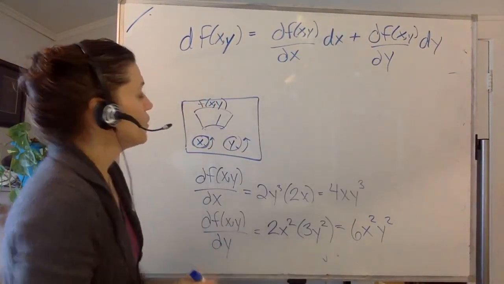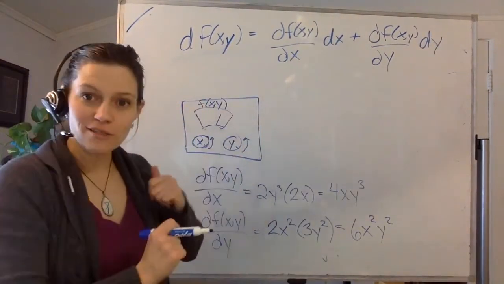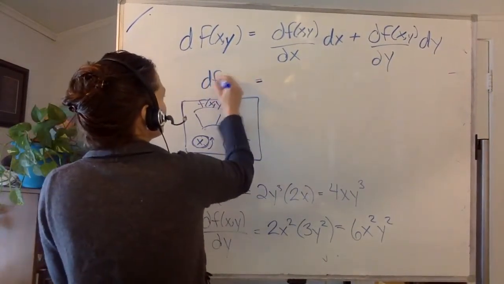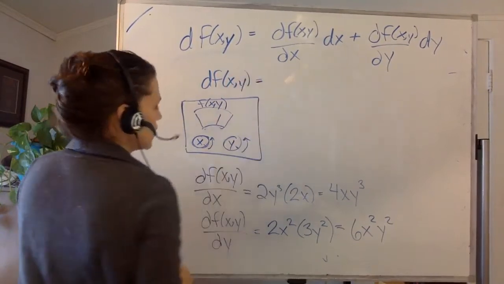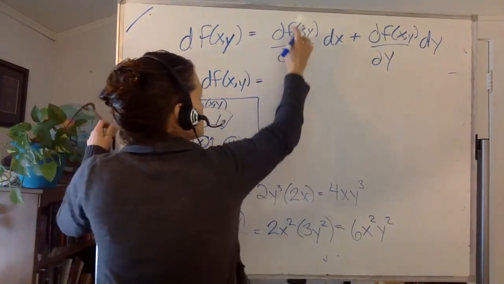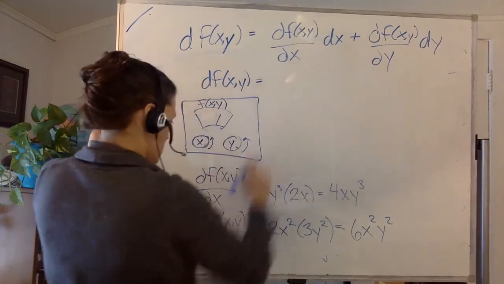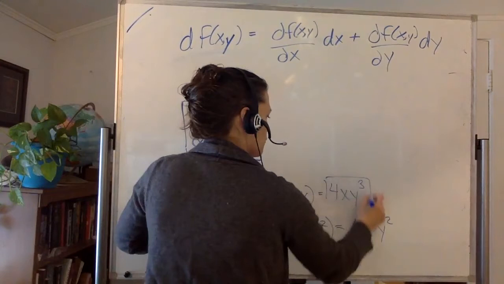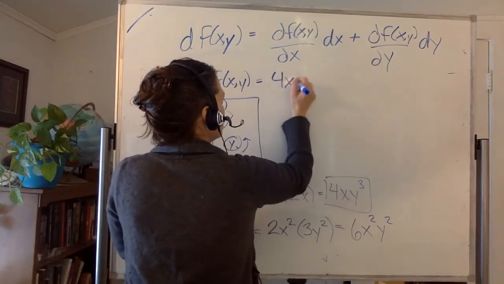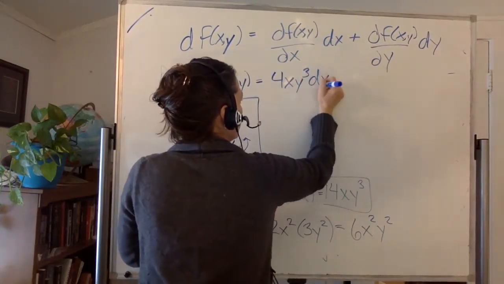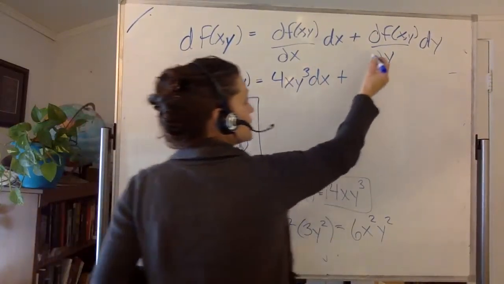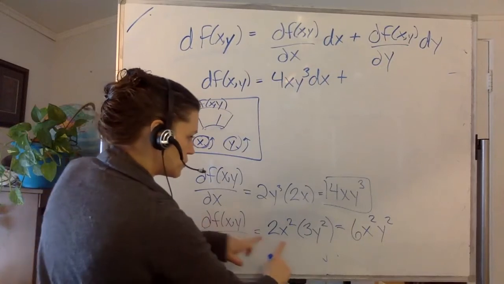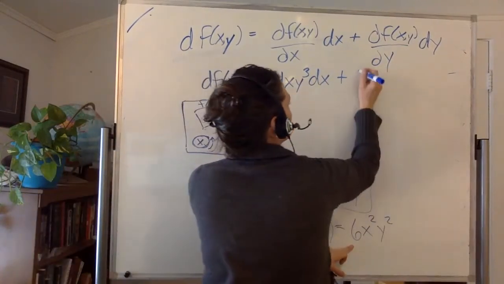Okay, so I will now input what we have done. So the total differential is equal to, well, this partial f partial x is equal to 4xy cubed, plus, now at this point, partial f partial y is equal to 6x squared y squared.